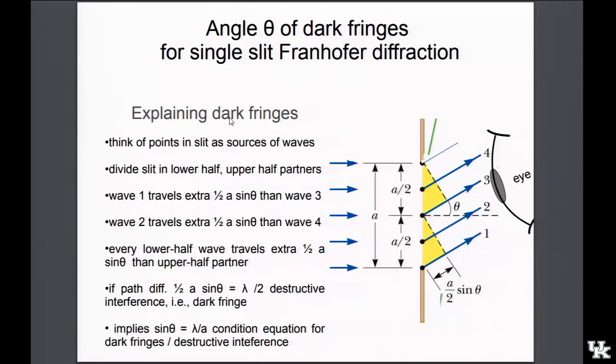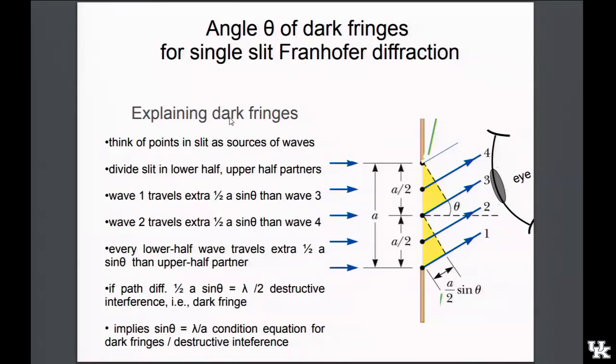So that path difference between the waves from the bottom half of the slit and the top half of the slit, we've said, is a over 2 times sine theta. If it's a half integral number of wavelengths, so 1/2 or 3/2 or 5/2, you're going to get destructive interference, and that gives you a dark fringe.